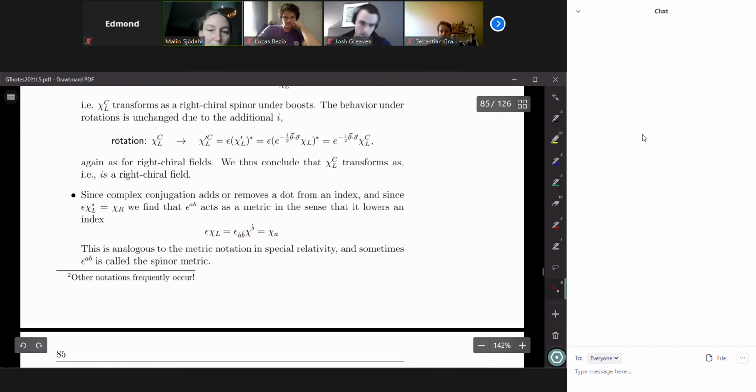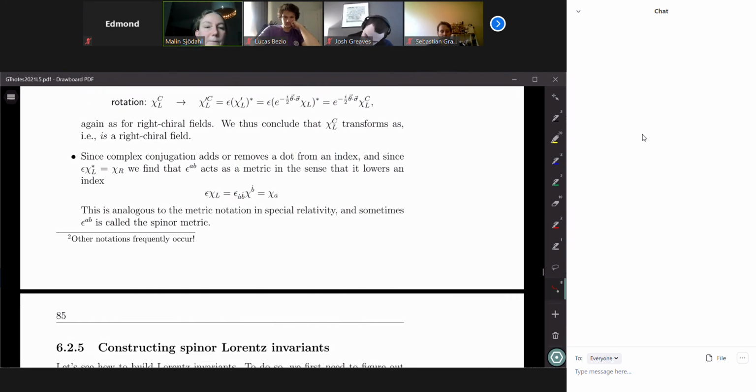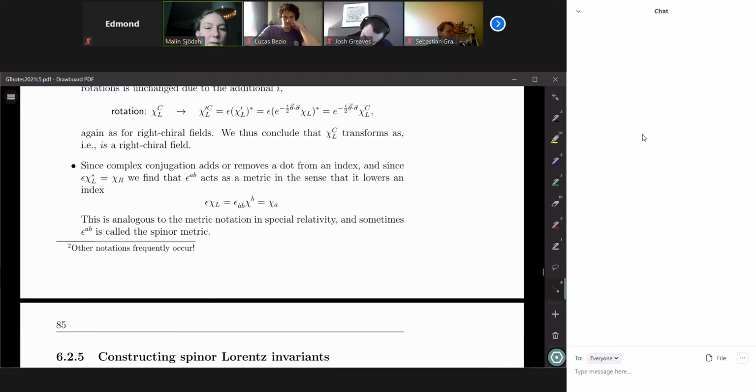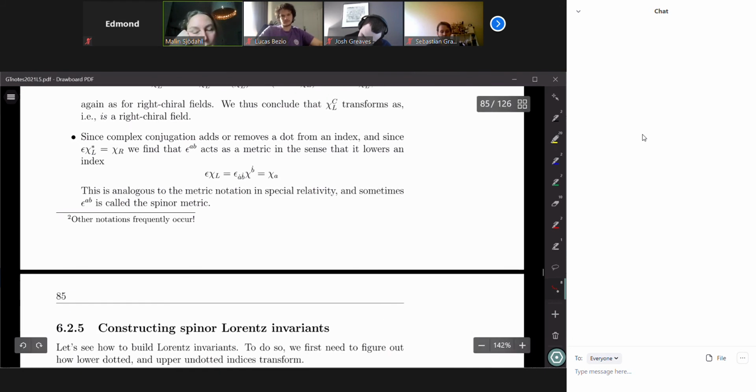So it should be my epsilon lower beta dot contracted here, and then an alpha dot. So in other words, the action of epsilon, with dotted or undotted indices, lower or upper indices, is to raise or lower the index.